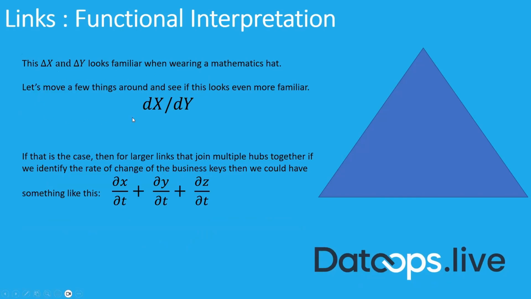If we wear a mathematician's hat, you've got this, which is, of course, a derivative. Now, as the links grow in size, where they're tying together multiple relationships between multiple hubs, ultimately you could get to where you could have some very interesting things with partial derivatives. And these partial derivatives are going to represent the rates of change in the relationship between these various hubs.